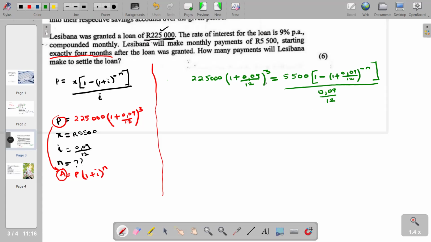To simplify, to leave the part in the big bracket alone, we have to multiply both sides by this denominator, 0.09 over 12, divided by that numerator, which is 5,000.